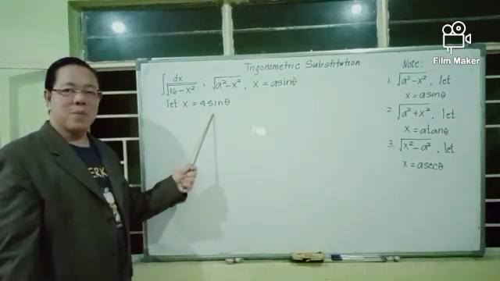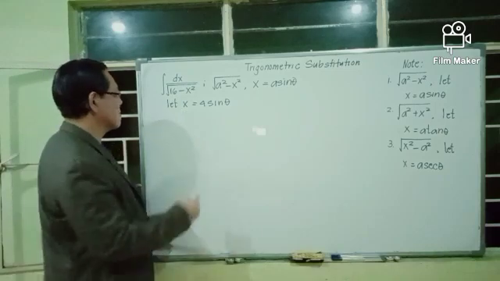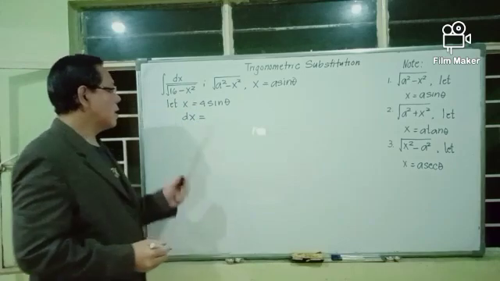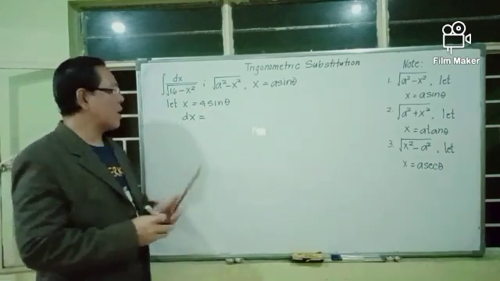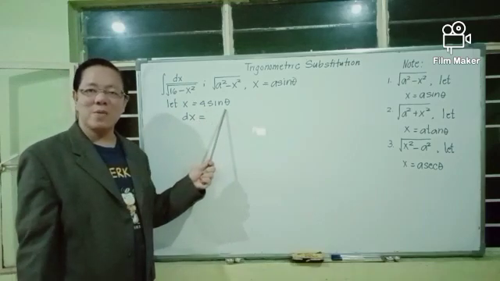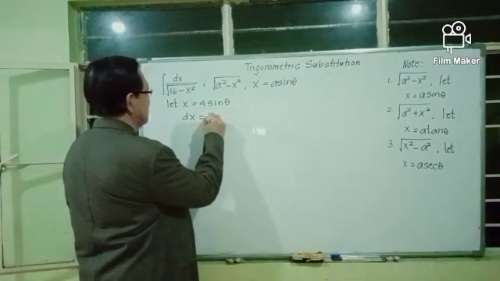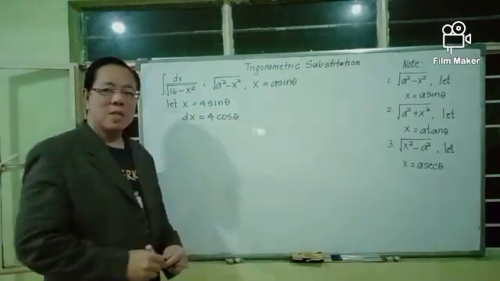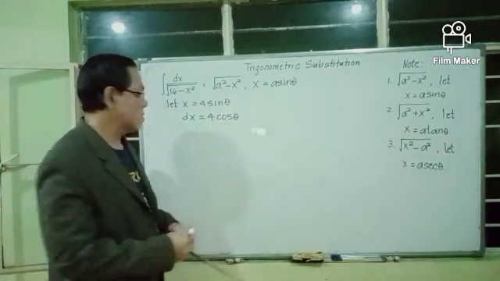Now, differentiating both sides, derivative of x is 1 multiplied by dx. And derivative of the right hand side is equal to 4 times derivative of sine theta, which is cosine theta, multiplied by derivative of theta, 1 multiplied by d theta.